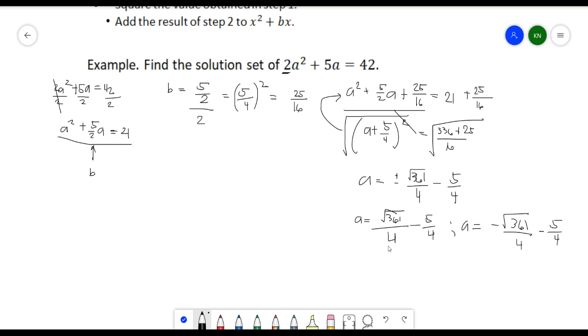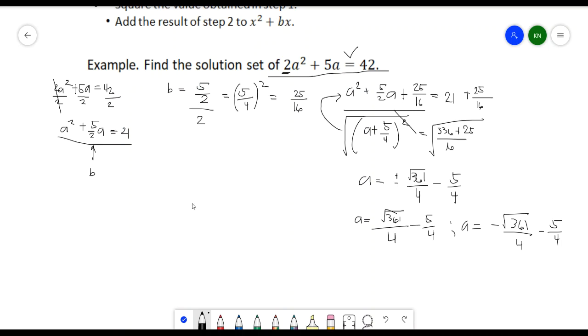If you try to substitute that here and it is equivalent, then these are the solution set of our equation. I've already checked that earlier, and it yields the same answer: 42 is equal to 42.